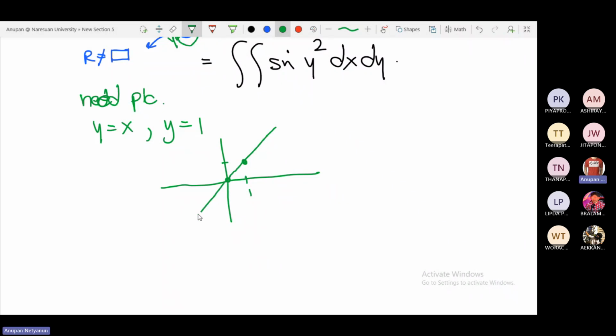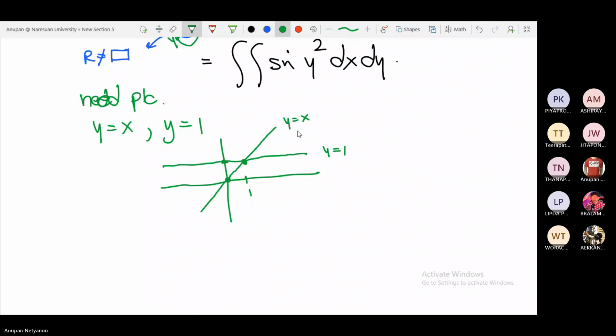Okay. And then I have a line y equal to 1. As I told you, we are in 2 dimensions. Your x variable disappears, which means it can be anything. So y equal to 1 is here. But your x can be anything, so you stretch along the x-axis, right? So there is y equal to 1. And there is y equal to x.